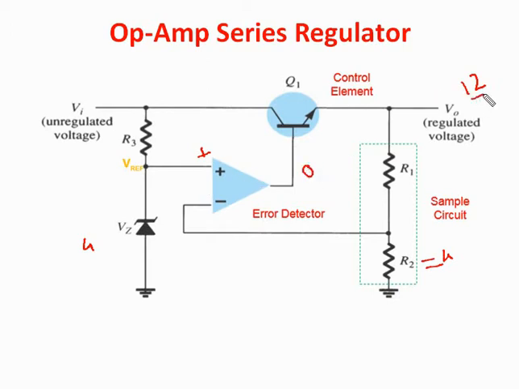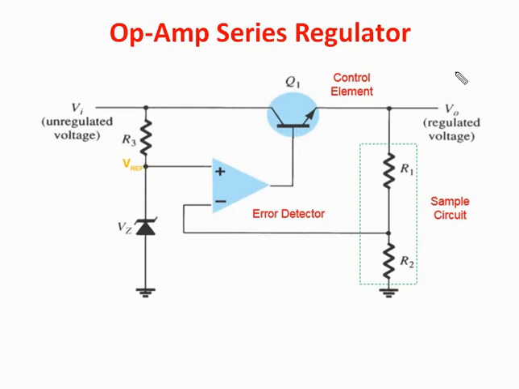Suppose this 12 volt changes from 12 volt to some other value, suppose 10 volt, so here we get a voltage less than 4 volt, so we get some positive error, which will turn on the transistor and increase the output voltage up to 12 volt. So here we get a constant 12 volt DC supply.